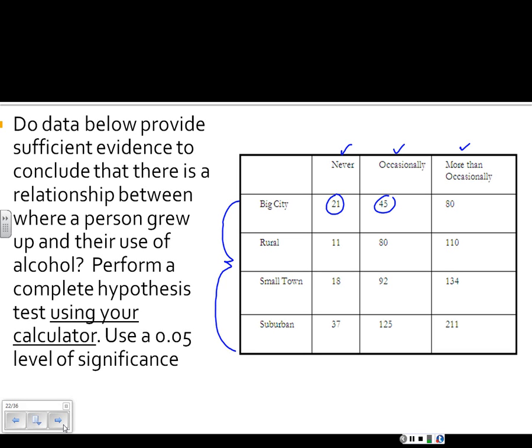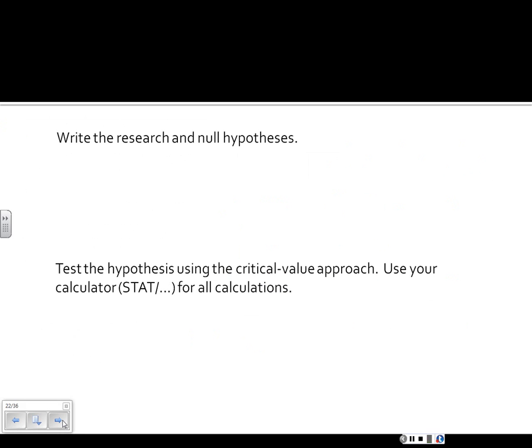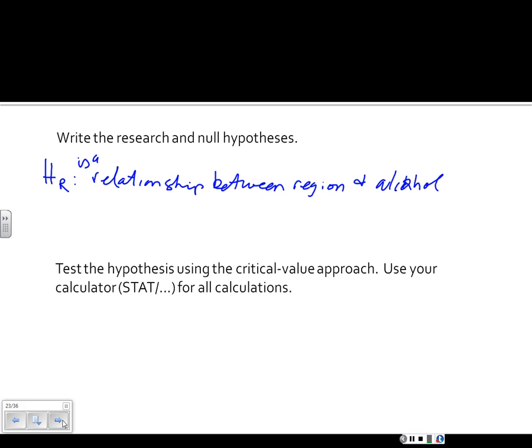So it's a chi-square test, and I think I have another slide where okay, here we go. Write the research and null hypotheses. HR is that there is a relationship between the region where someone grew up and the alcohol consumption, or which category of alcohol consumption someone was in.